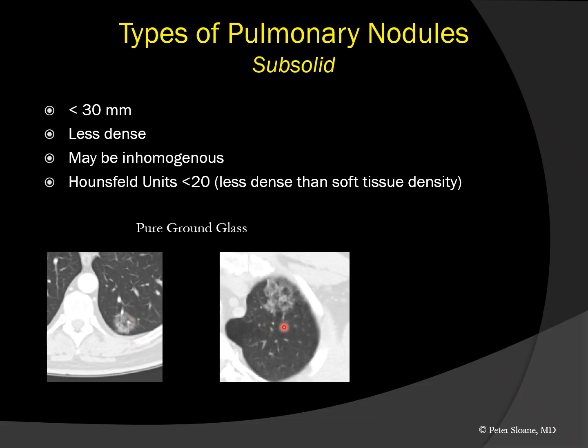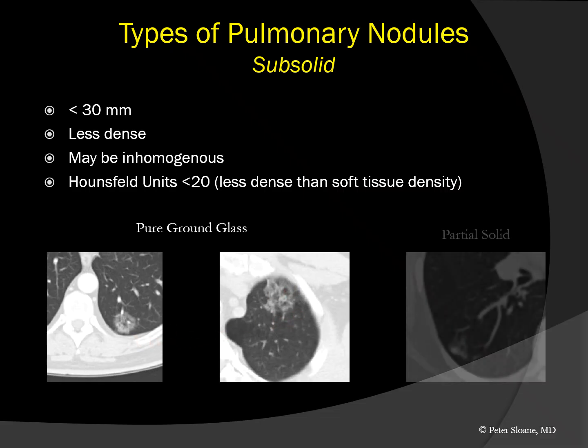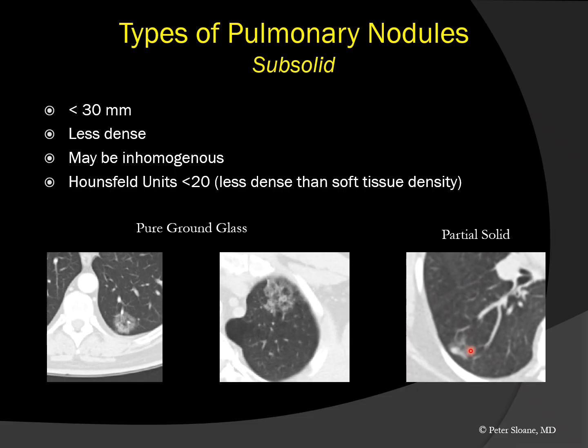This is another one I'm going to show you its natural history because it's a very interesting progression that we figured out. So these are both examples of ground glass subsolid densities. These happen to be ground glass. There's no partial solid areas, but I'll show you one that's partial solid. It's the same idea. It's a ground glass, but there are areas of density right over here.